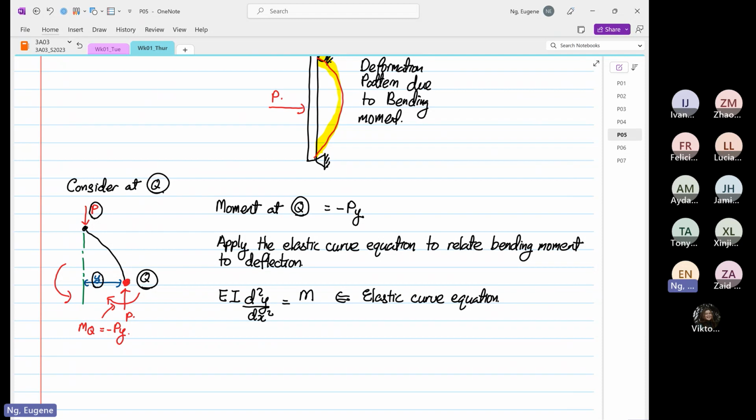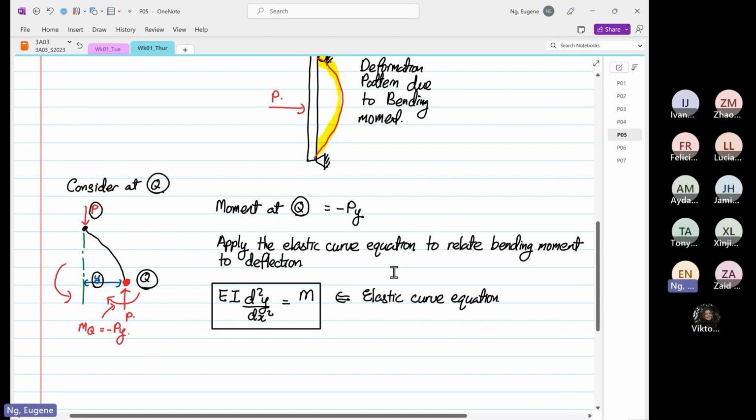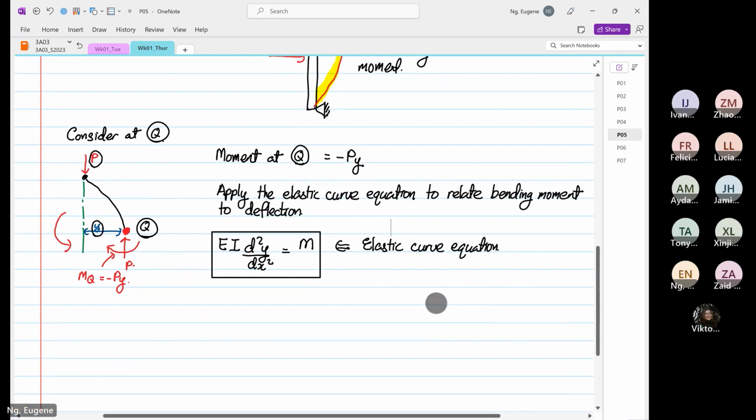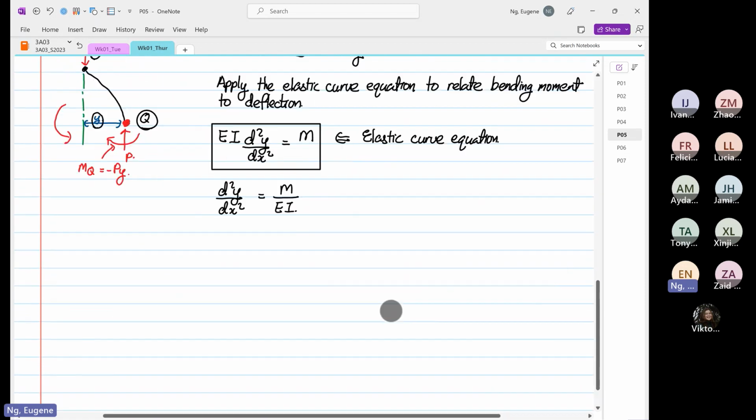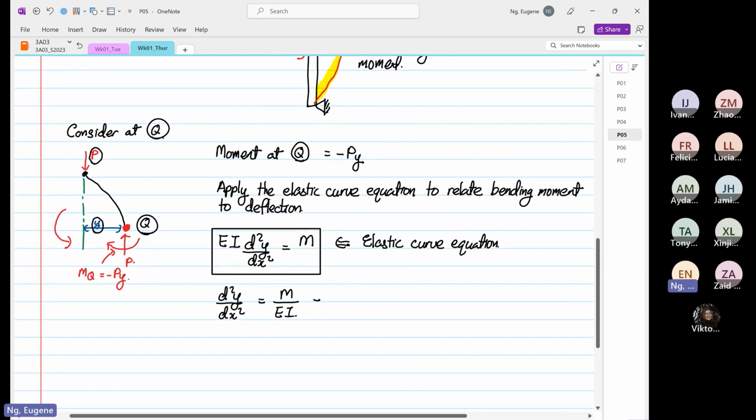Okay, by focusing on this elastic curve equation, if we write out d squared y over dx squared, it is equal to M divided by EI. And we know that the moment is equal to minus Py, so this is in fact equal to minus Py over EI.